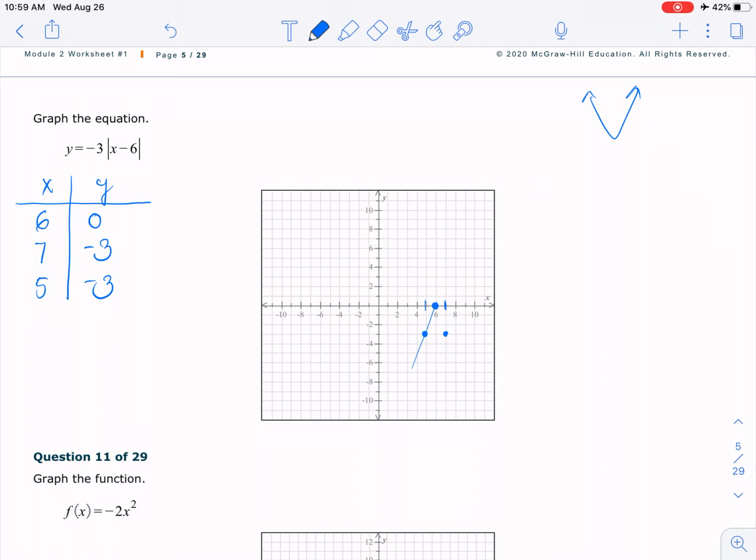If you want to do one more, that's okay too. So like I said, you go left and right of the vertex. So left and right of the vertex would be 4 and 8. And those two should give you the same values. So 4 is going to give you -6, and 8 is going to give you -6.